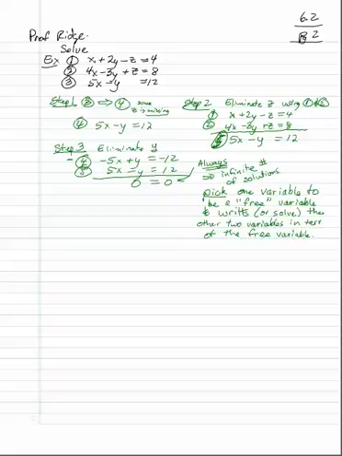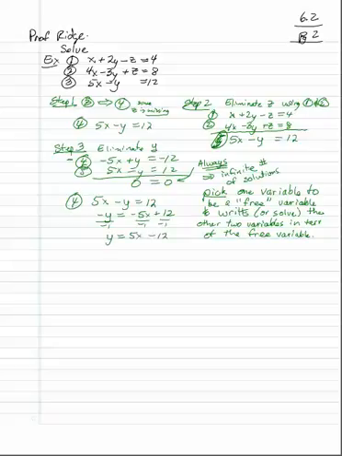Okay, so what do I mean by that? If I look at equation 4 or 5, doesn't matter which, I see I have 5x minus y equals 12. If you don't understand too much, just take this equation and solve it for one variable. It doesn't matter which. Let's pick y. If I subtract 5x and then divide by negative 1, I get y equals 5x minus 12.